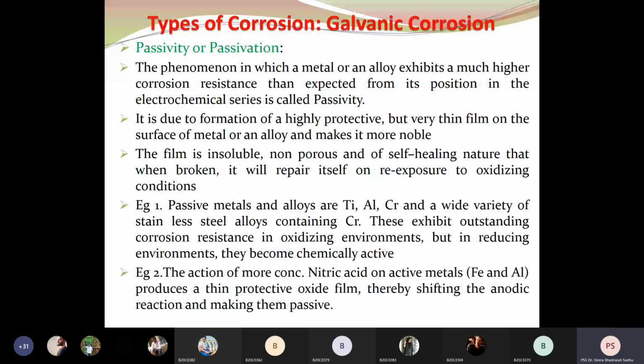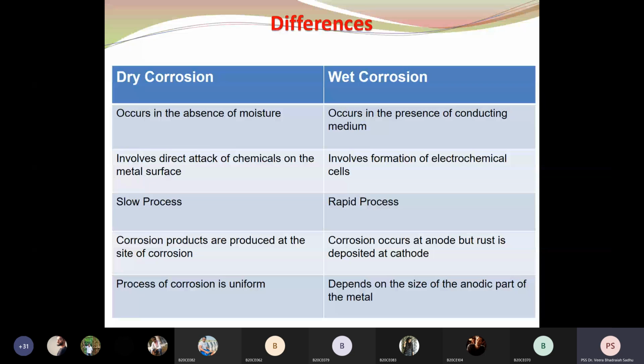So far we have studied dry corrosion and wet corrosion and their types. So what are the differences between dry and wet corrosion? Dry corrosion generally occurs in the absence of moisture, and wet corrosion occurs in the presence of a conducting medium.